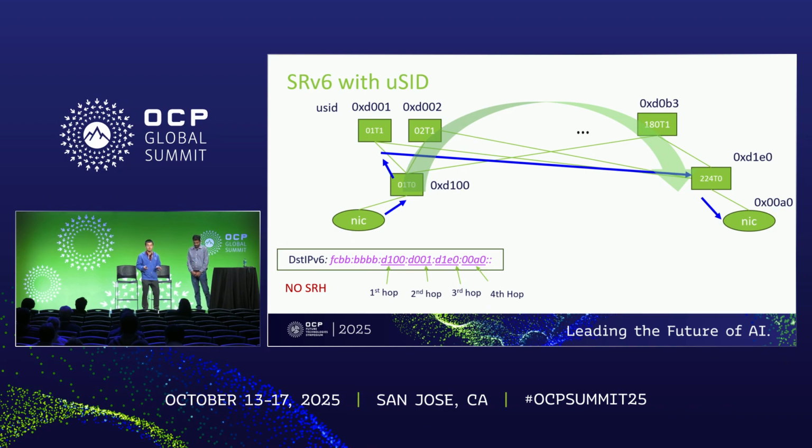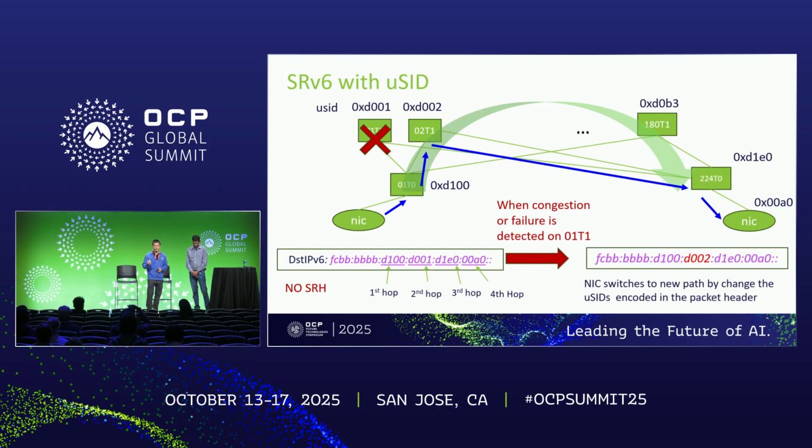With uSID, we can get rid of the SRH, which simplifies the hardware implementation and also speeds up deployment. Here we show a very simple example of how SRv6 works in the network. When the NIC wants to send traffic from one side to the other, the traffic carries this SRv6 SID list, which instructs the packet to go to a T1, then to another T0, then to a T1, and then to another T0, finally reaching the destination NIC.